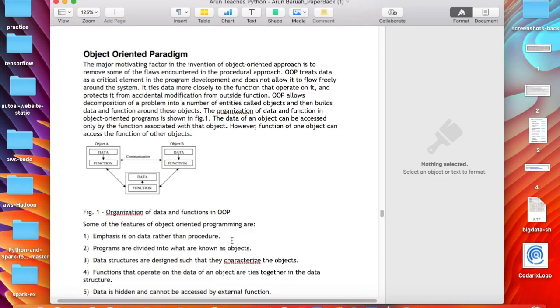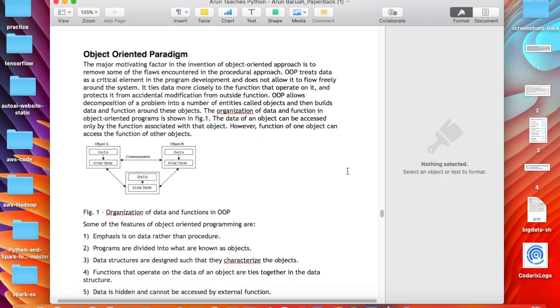OOP allows decomposition of a problem into a smaller number of entities called objects and then builds data and function around these objects. Okay, the organization of data and function in the object oriented program is shown in the figure below.